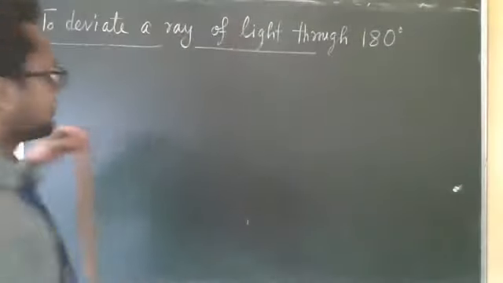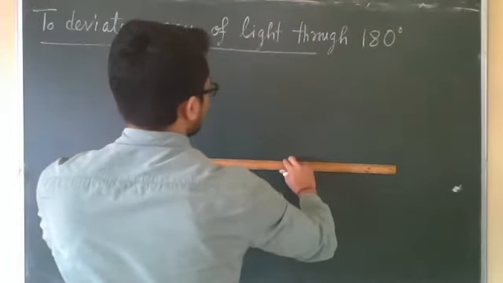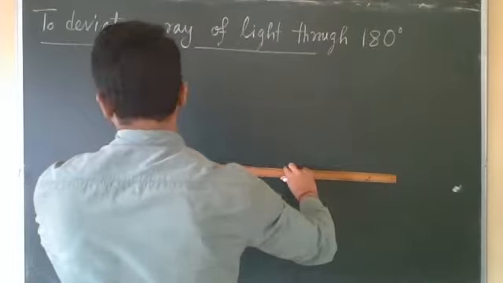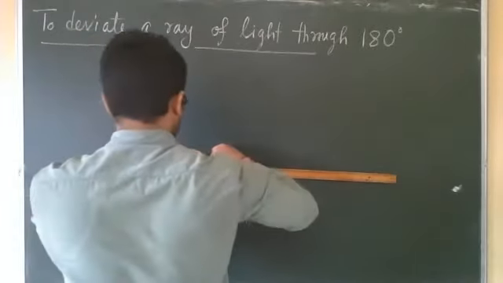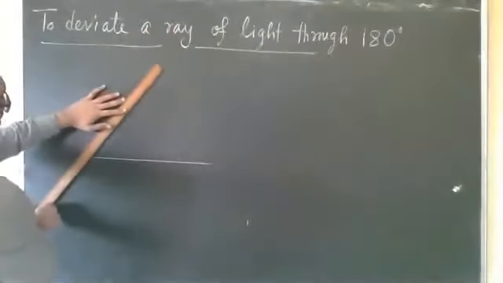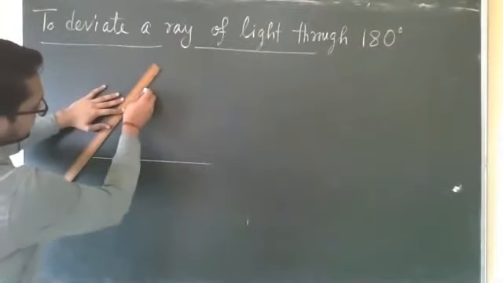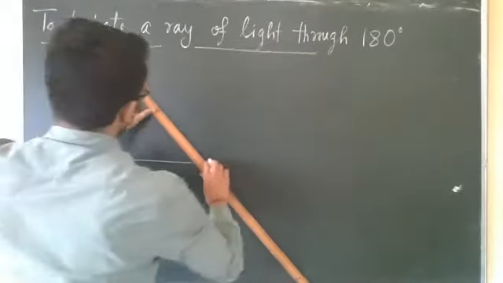So here how to draw? Here light will enter through the hypotenuse of the prism. Again this prism is a right angle isosceles prism. That means these two sides are perpendicular to each other.